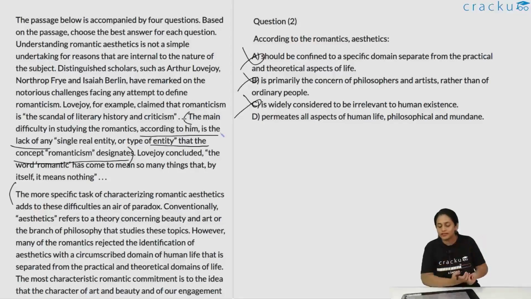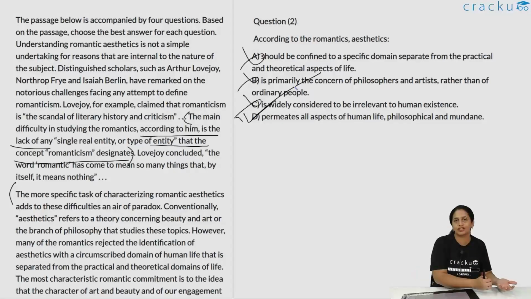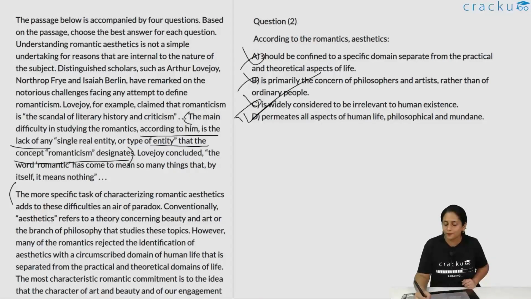It is so easy to answer this, because three options are opposite of what the author has mentioned in the passage. Permeates all aspects of human life, philosophical and mundane. This is very easy to answer, and you should have been able to answer it. It is a direct answer from the passage, and A, B, C are clearly wrong. They are opposite of what the author has actually said. So D is the right answer.